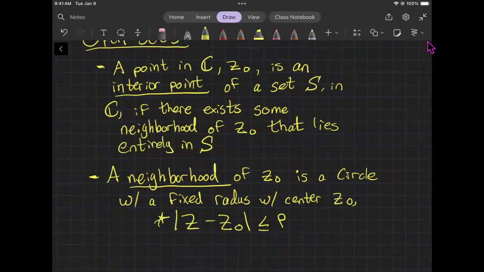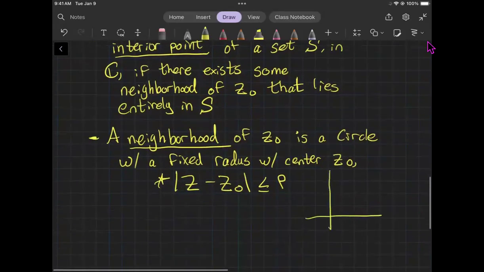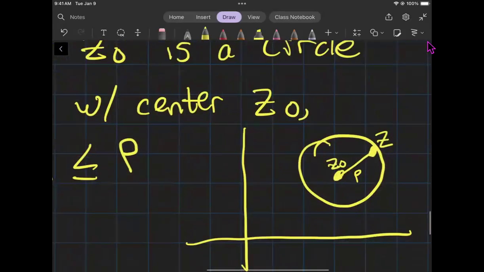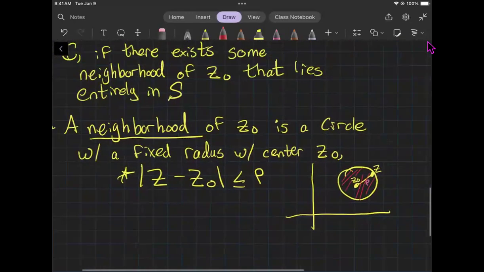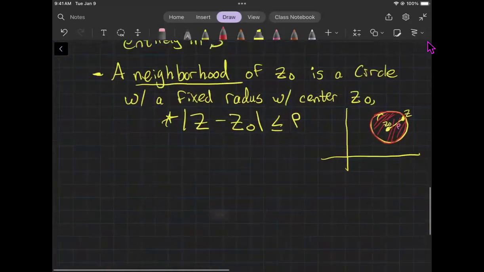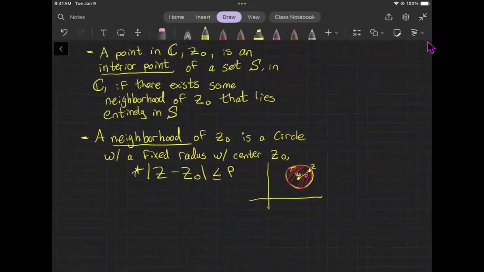So we're looking at the points that are on the boundary of the circle, and let me denote this rho in a different color, and we want the points that are on the boundary and the interior of the circle. So there'll be those points there. So that's what's called a neighborhood of z0.